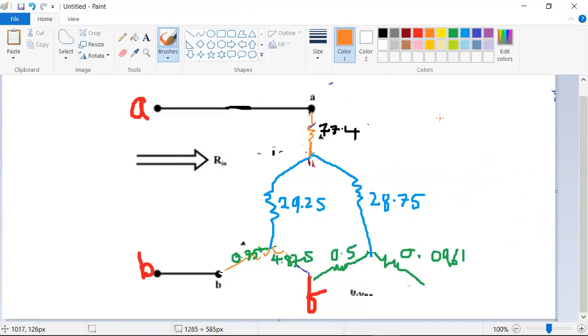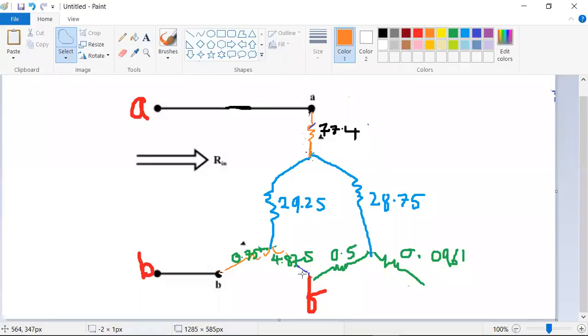Right. Now, is there any other way of solving these types of circuits?